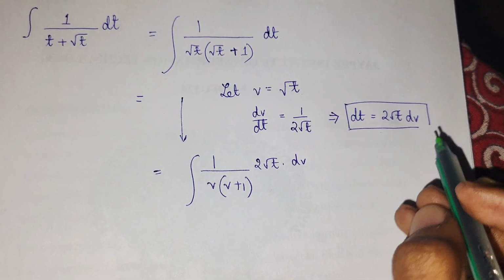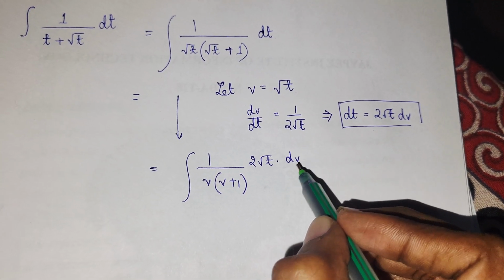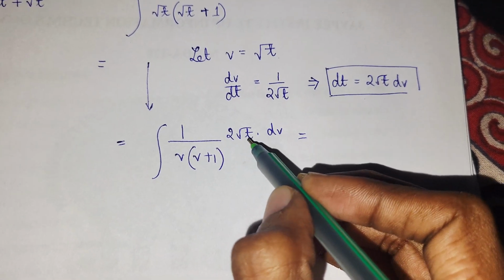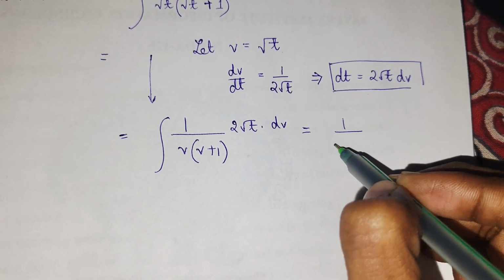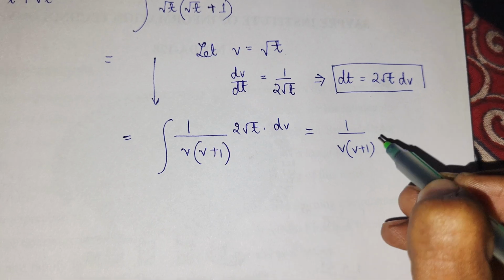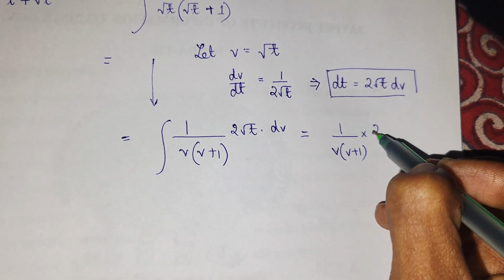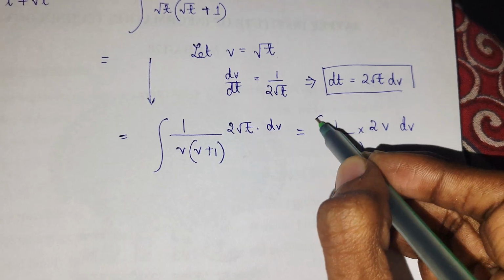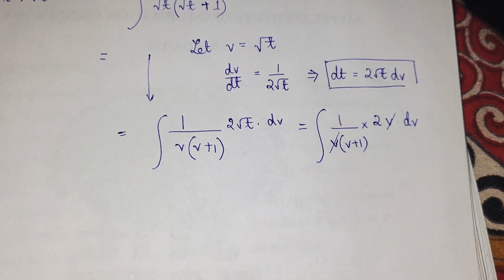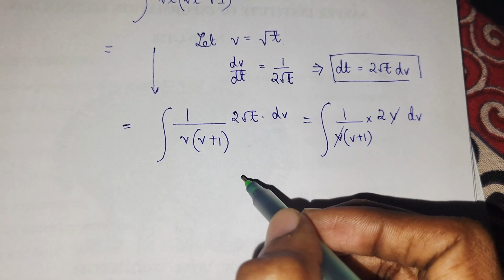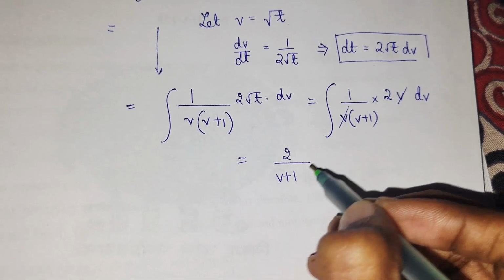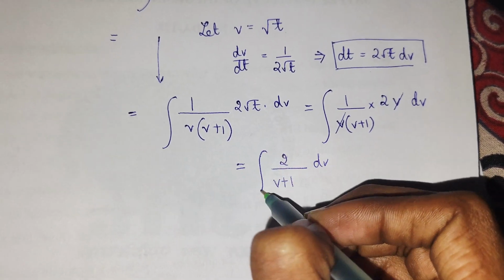But this is still dv with respect to v, so again we have to put square root of t as v, meaning 1 upon v into v plus 1, and 2 will be as it is, square root of t will again be v, and dv integration. This v and this v get cancelled out. Now we get 2 upon v plus 1, and this is dv integration.